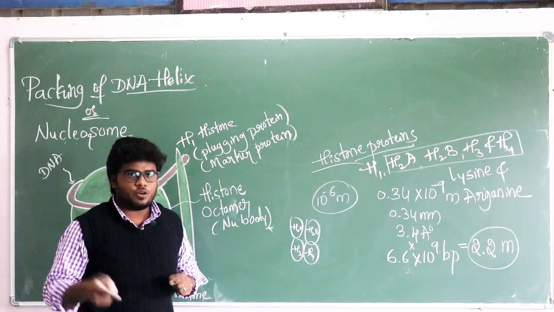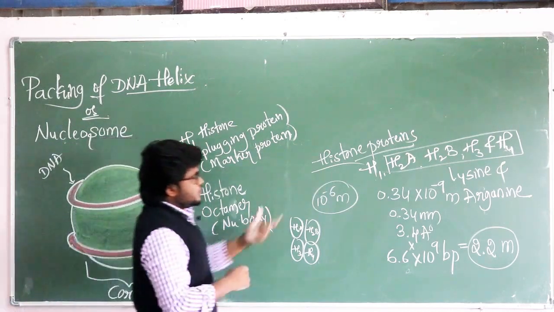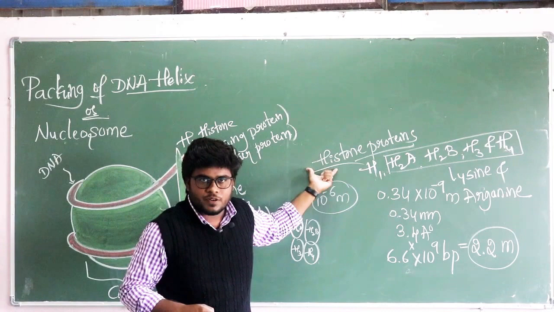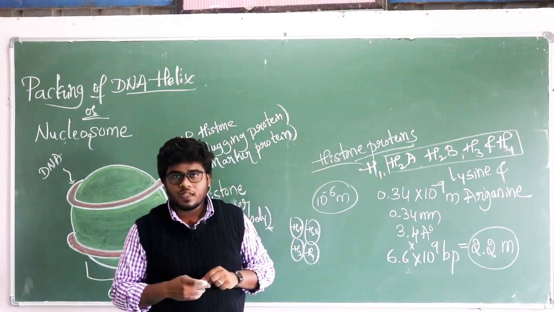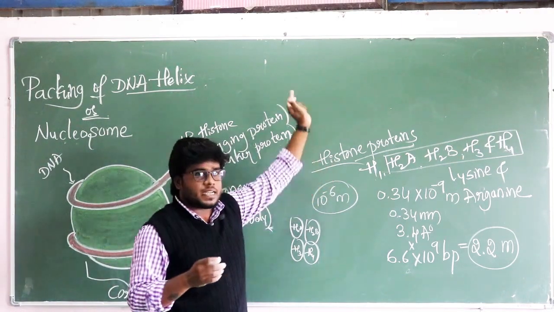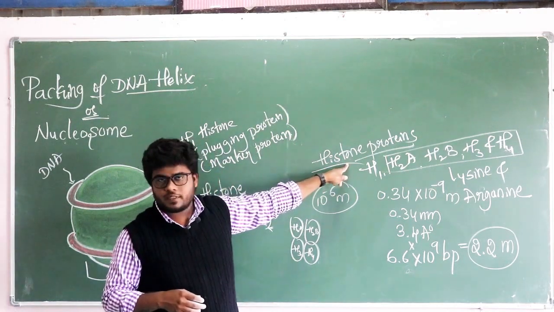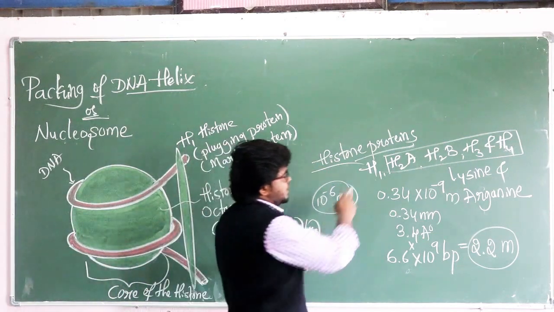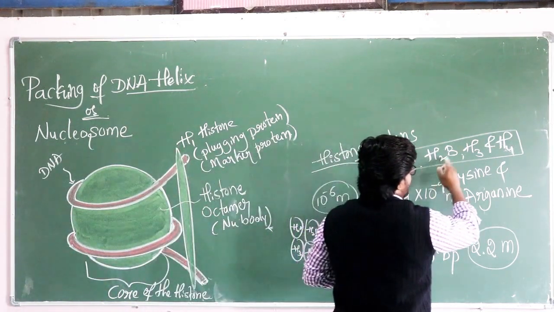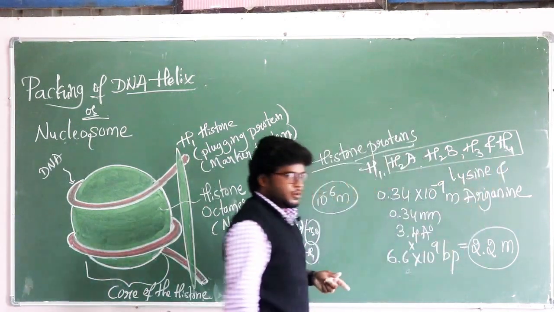So what are histone proteins? That is what I explained here. The positively charged basic proteins are called the histone proteins. There are 5 histone proteins: H1, H2A, H2B, H3 and H4.